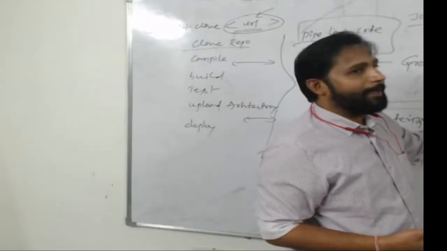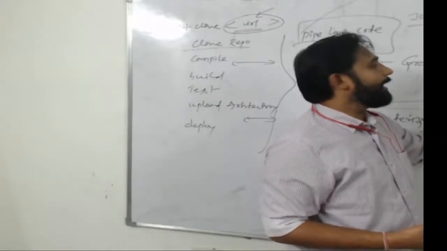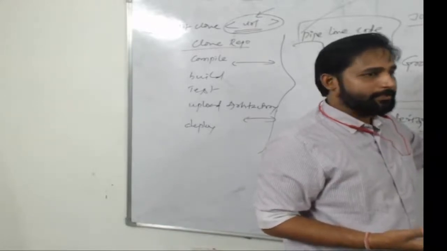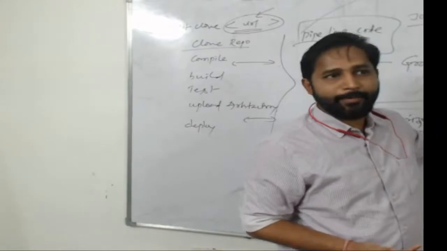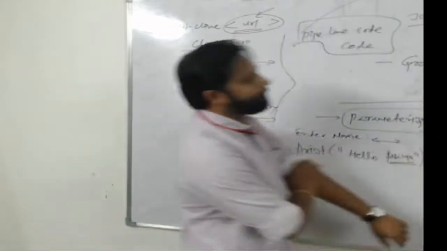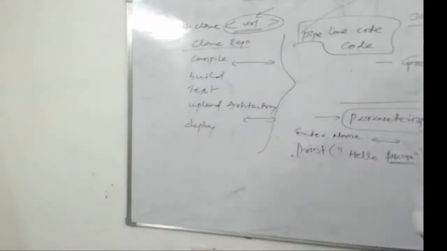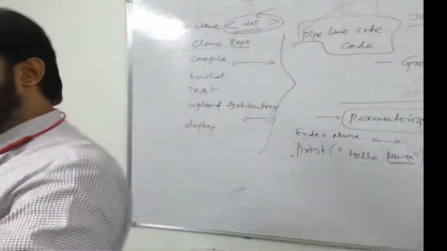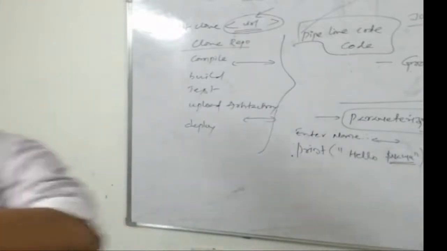Now the declarative pipeline is much easier because you don't have to learn Groovy. You start using the functions. The additional advantage is that it is more readable and compact. That's it. So scripted versus declarative. The main difference, how would you say? In scripted, you tell the steps, what to do next, what to do next.